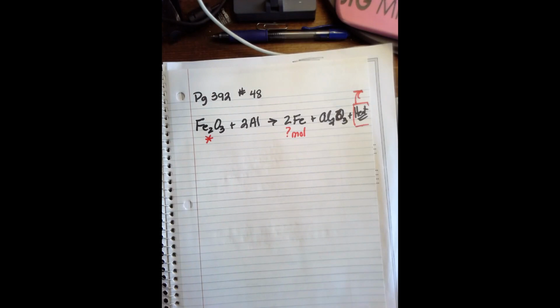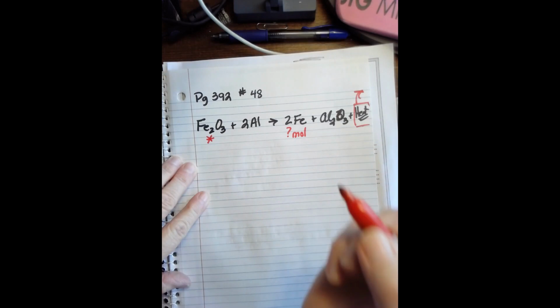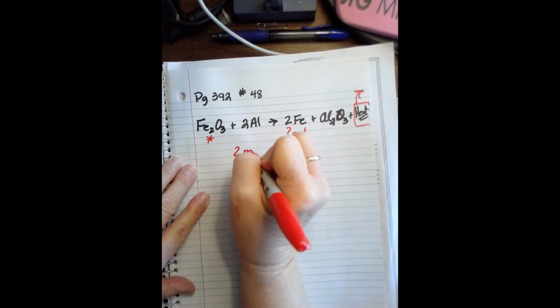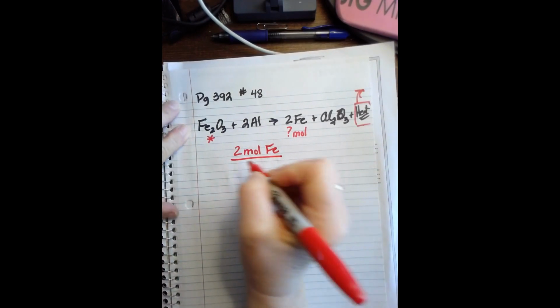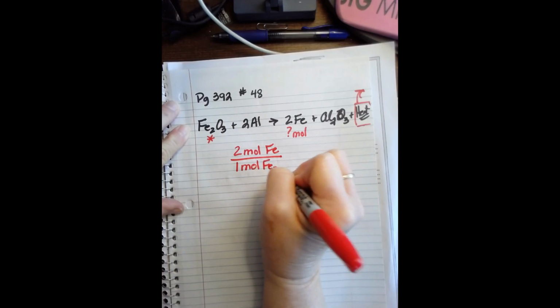We could write them all and then identify the one, or we can just look at this and go, if I'm going to solve this question, what is the mole ratio? And the mole ratio would be what I want to find out has to be on top. So 2 moles of Fe over 1 mole of Fe2O3.